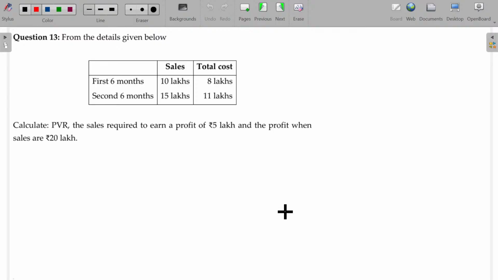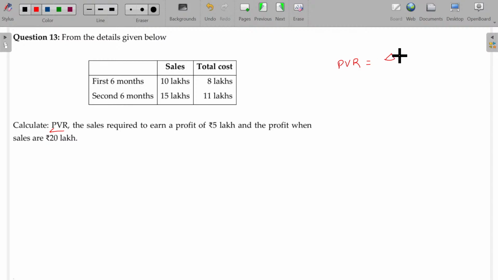Try this. Don't refer to the answers. Now, from the details given below, sales and total cost are given for the PVR.